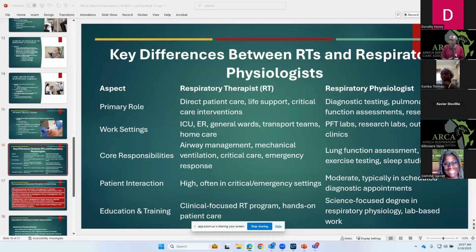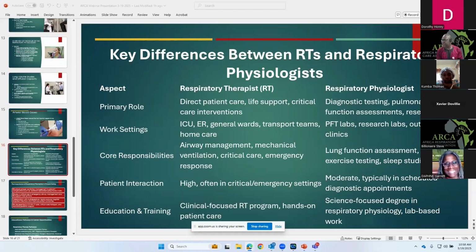The education for the respiratory therapist is clinically focused. You have to go to a program that offers respiratory therapy, and the curriculum includes making sure that the clinician has experience in physiology, anatomy, biology, and physics, because when you start looking at gas exchange, and even math, you have to know that.